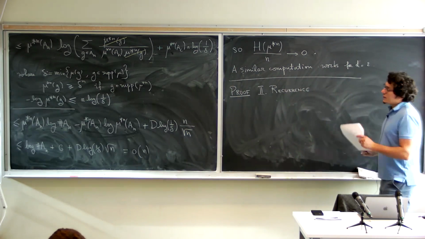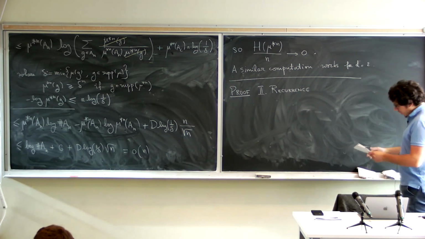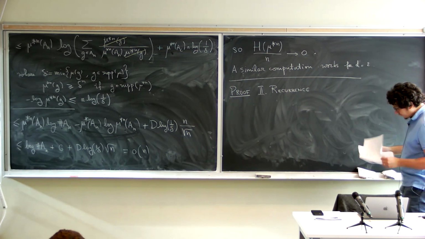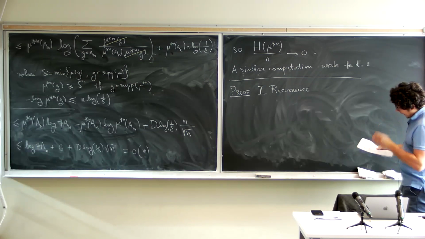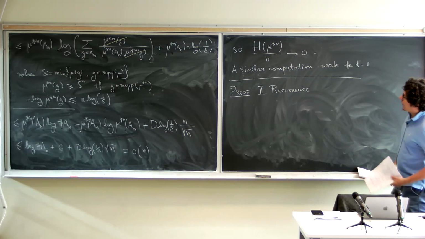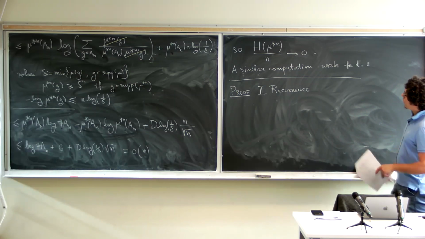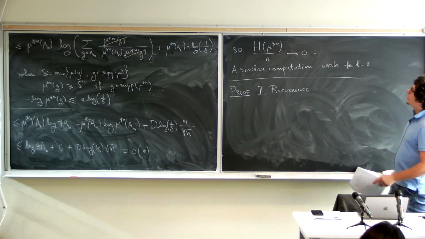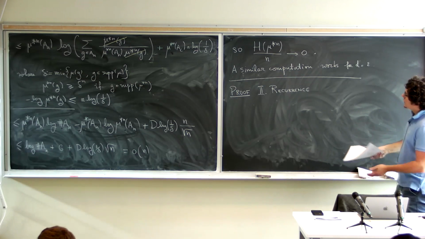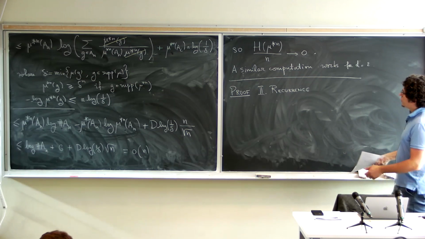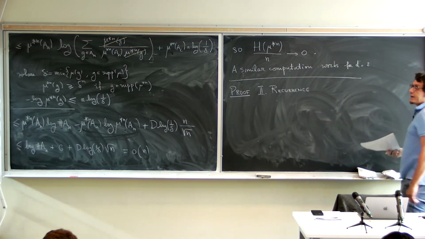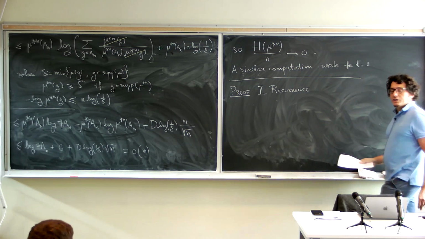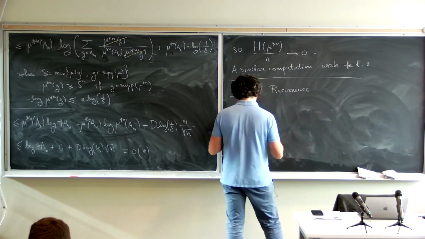The recurrence is given by the fact that, as you know, the simple random walk, or any symmetric finitely supported random walk on Z and Z^2, is recurrent. Can we use that to our advantage to prove the triviality of the Poisson boundary? And the answer is yes.